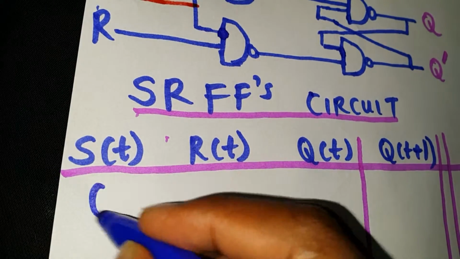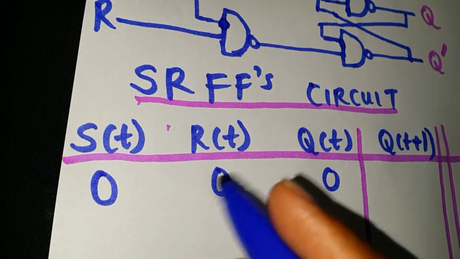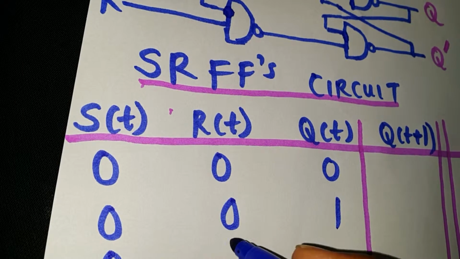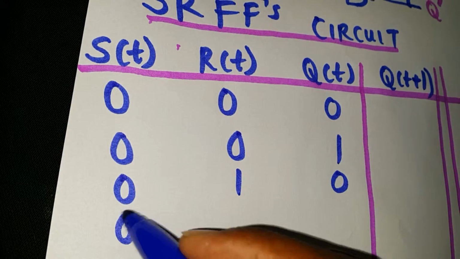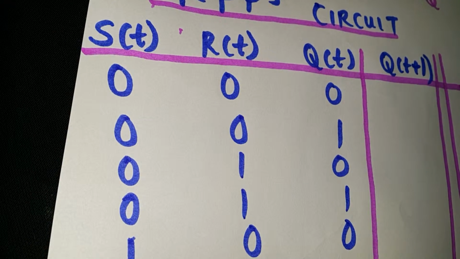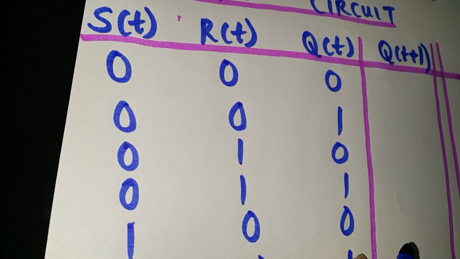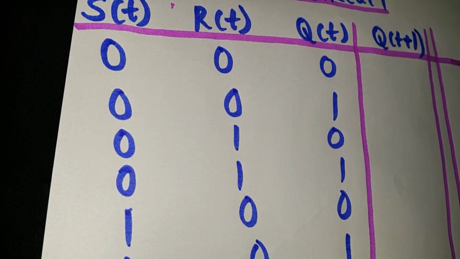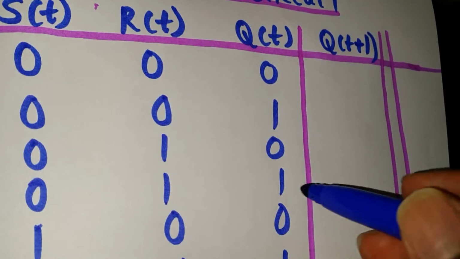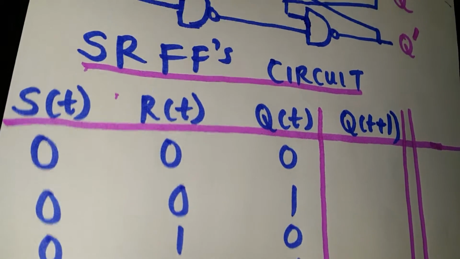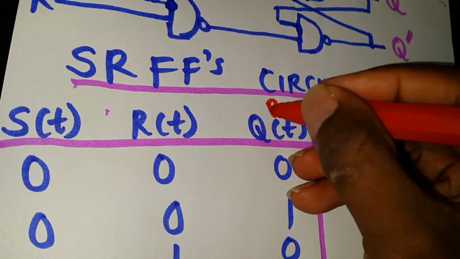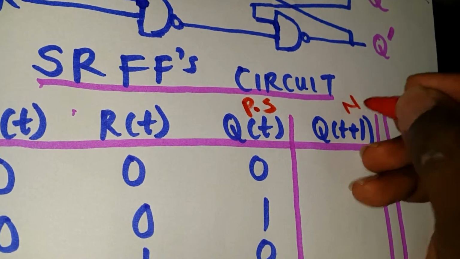For 0 we have 0, 0, 0, because this is 3-bit. We have 0, 0, 1, 0, 1, 0, 0, 1, 1, 1, 0, 0, 1, 0, 1, 1, 1, 0, and 1, 1, 1. So this is 0, 1, 2, 3, 4, 5, 6, 7. This is our present state, and this will be our next state.